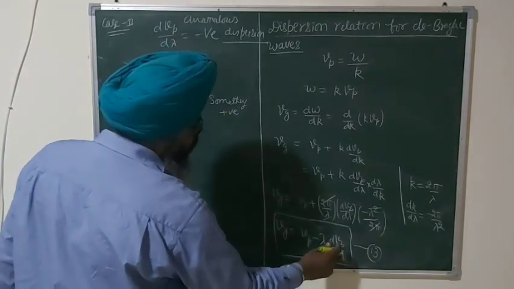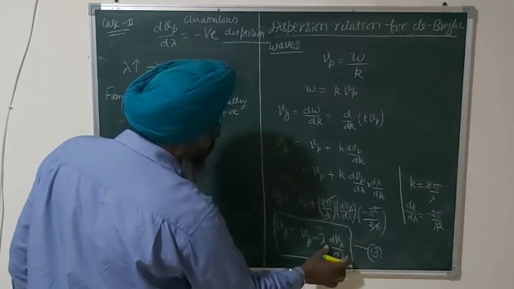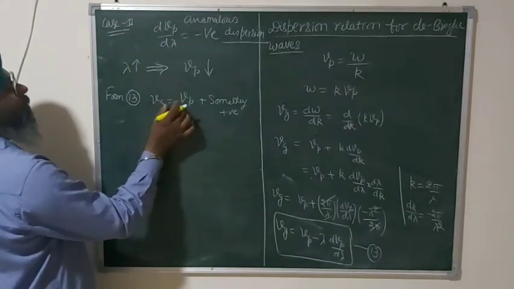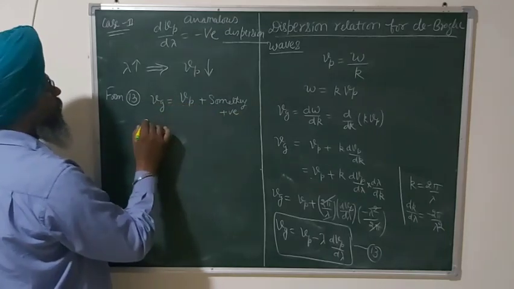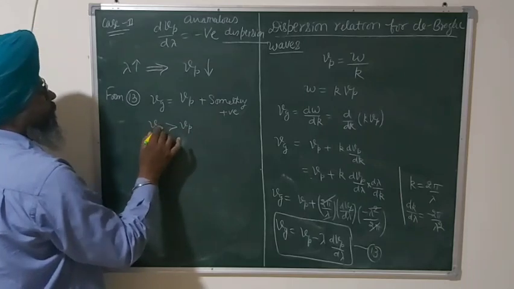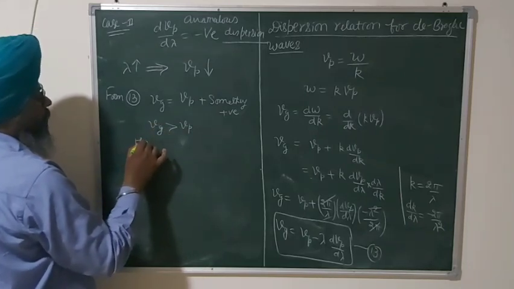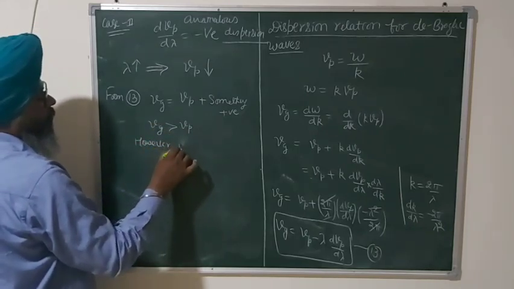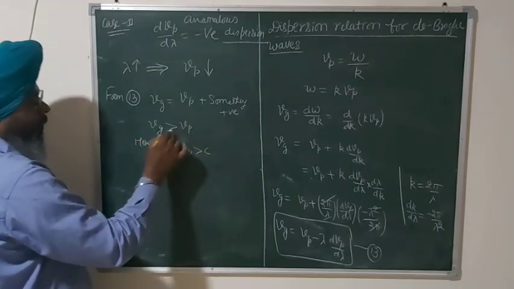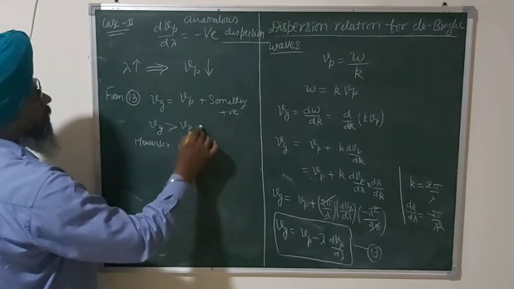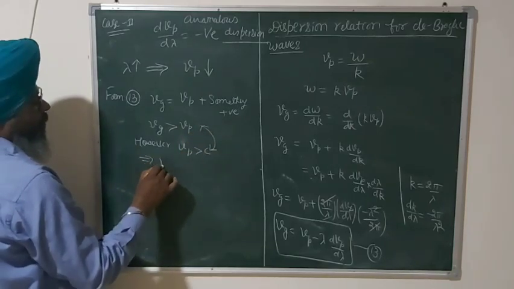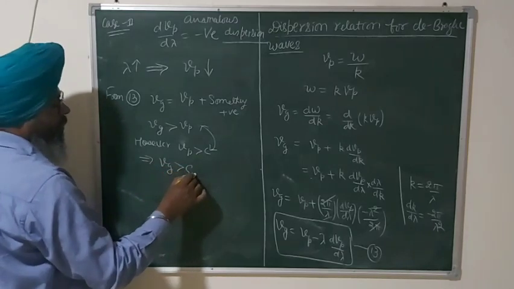This minus and dVp by d lambda are both negative, so negative into negative is positive. So Vg will be equal to Vp plus something positive, so Vg will be greater than Vp. However, we also know that Vp is greater than c. Now Vg is greater than Vp and Vp is greater than c. If I combine both of these conditions, this will mean Vg is greater than c.